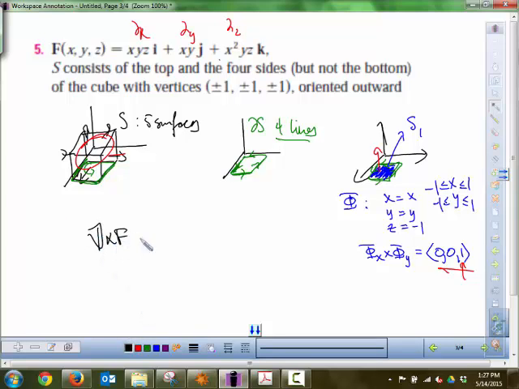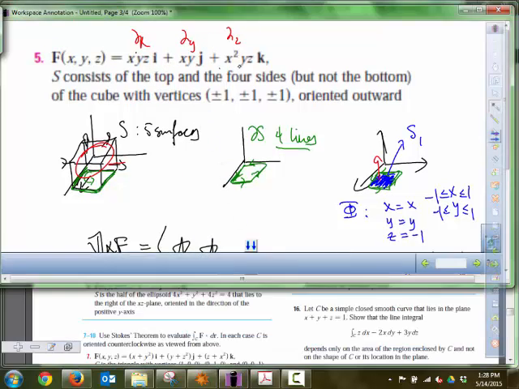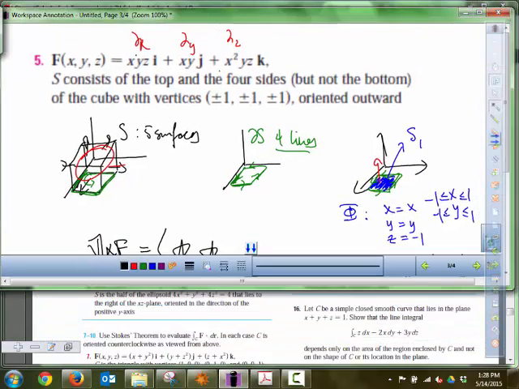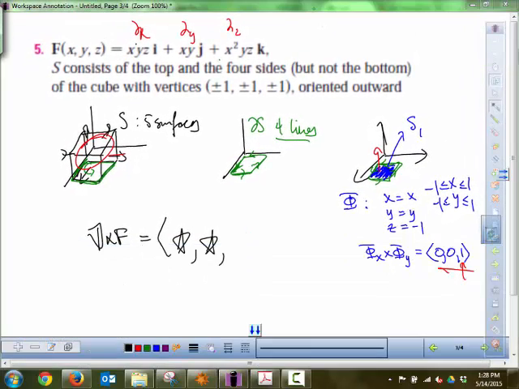the curl of f is going to be, on the x component, I don't care what that is. On the y component, I don't care what that is. On the z component, I would take the derivative of this with respect to x. That looks like it's a y.